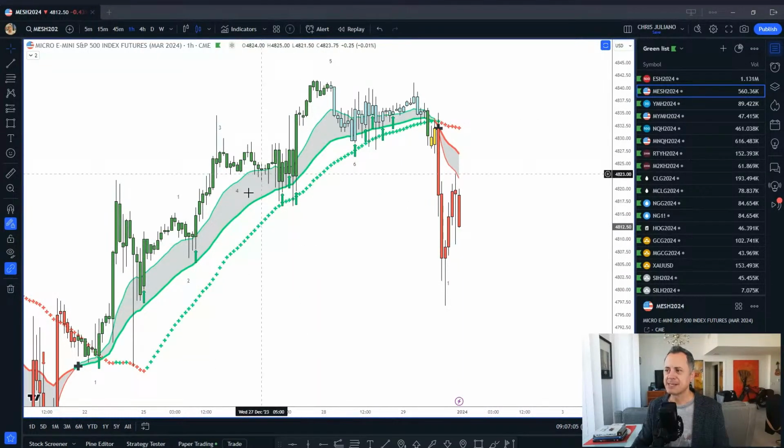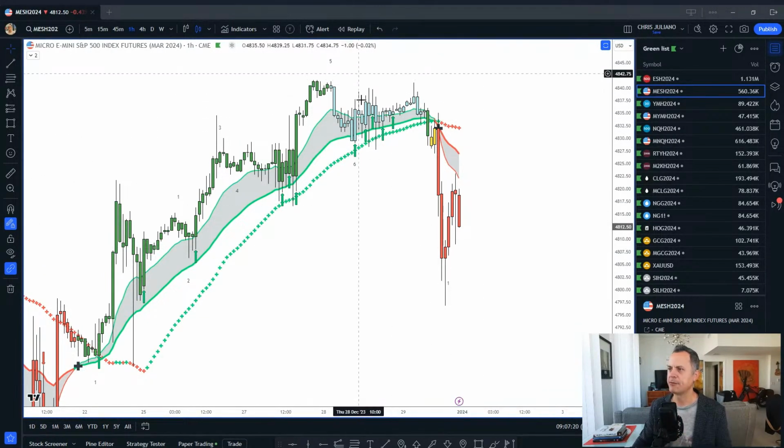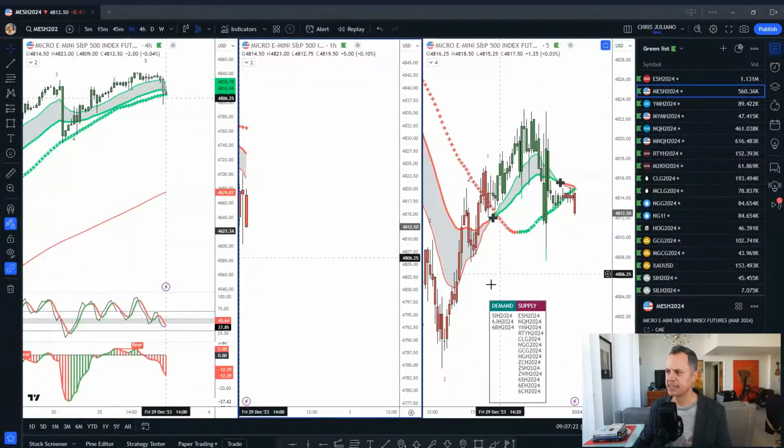So this is 6 different elements. You will receive all of those indicators and understand all 6 of those elements as we go through the live trade plan here. And we also have a scanning system that we've built.